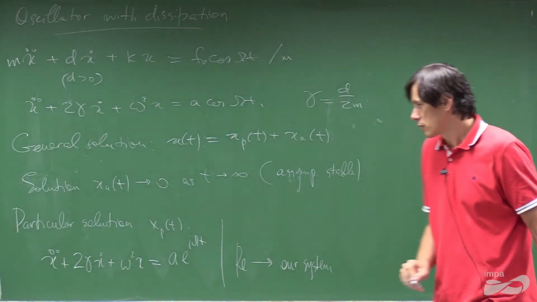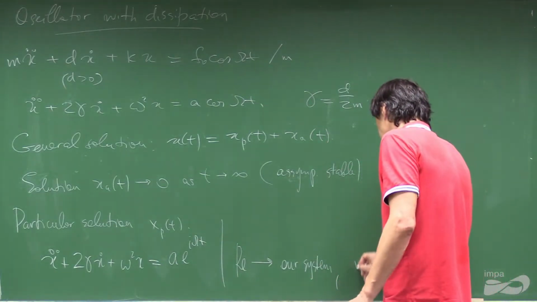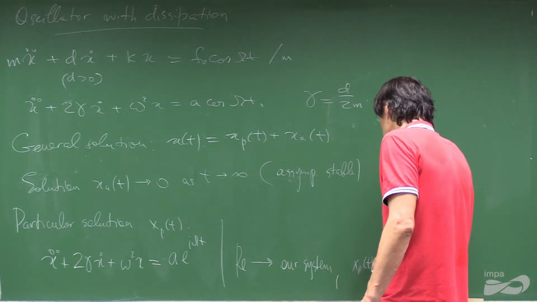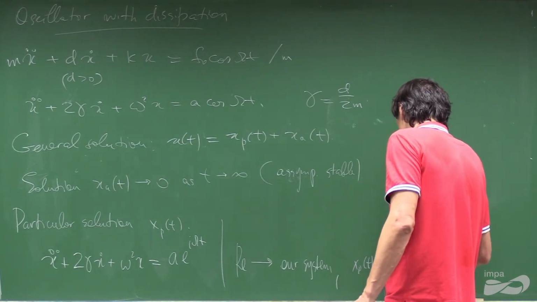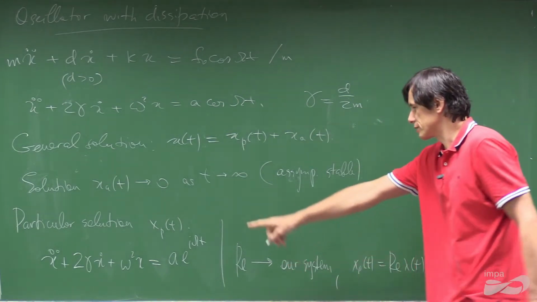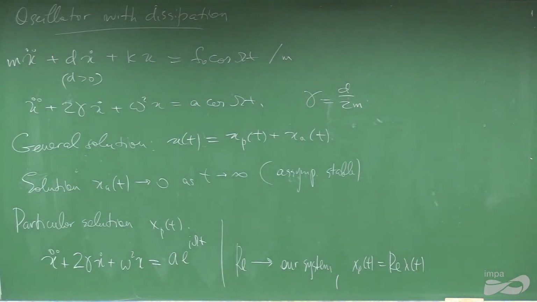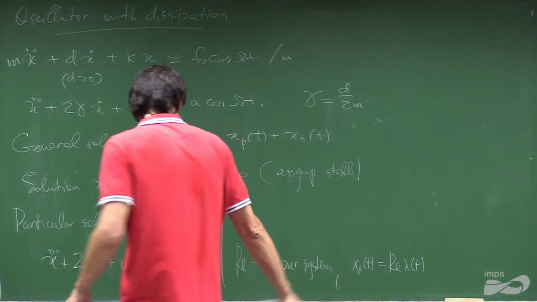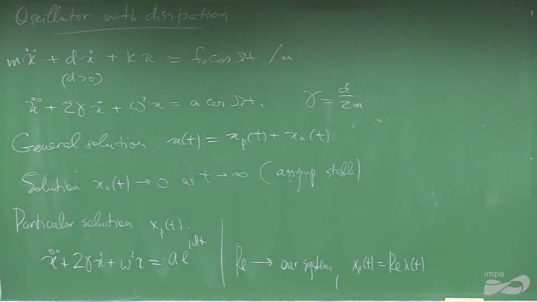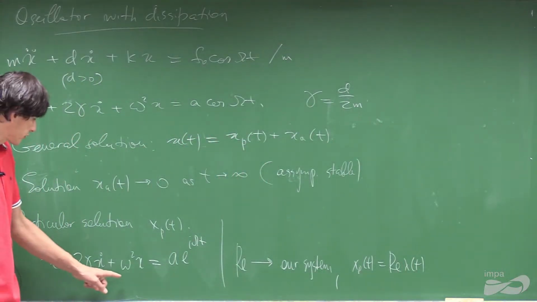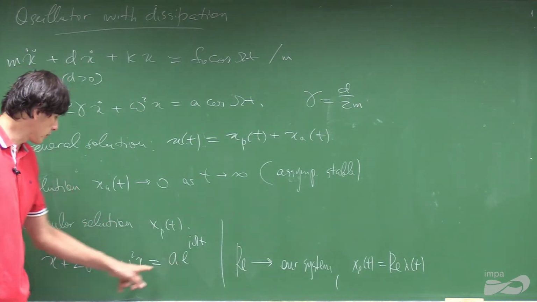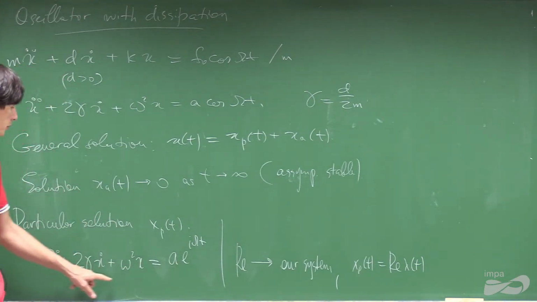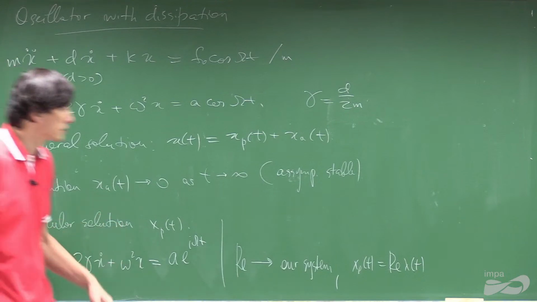Right? So it means that x_p is just taken as the real part of any solution of that system. So we need to find a solution of the complex form and then just take its real part. And now you can try to get a solution in the form of an exponent, because every derivative just keeps the exponent as an exponent and the exponents cancel.